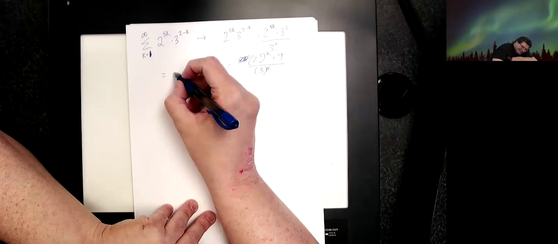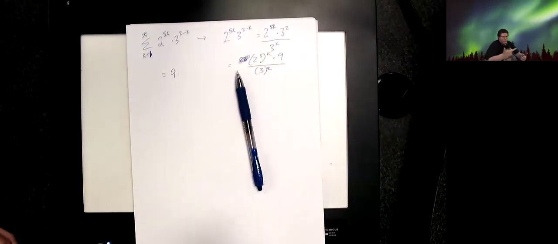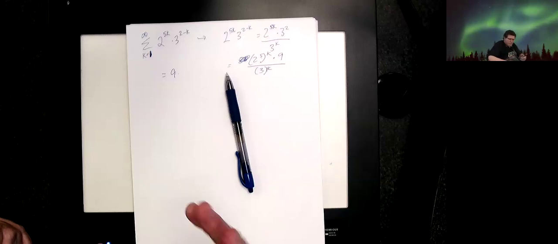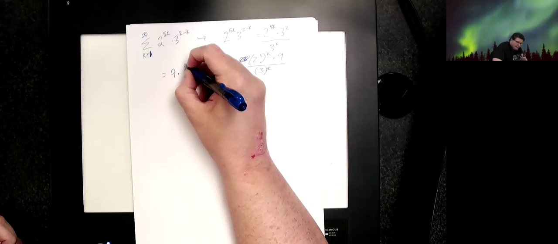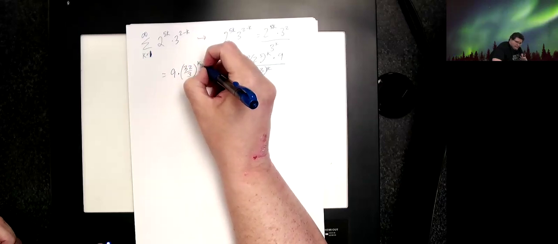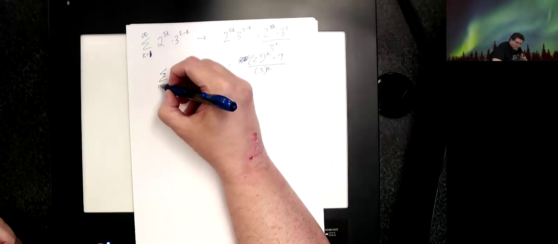So this is like 9 times 2 to the 5th power, which is 2, 4, 8, 16, 32, over 3 to the k. And now I'll put my summation notation back in there.